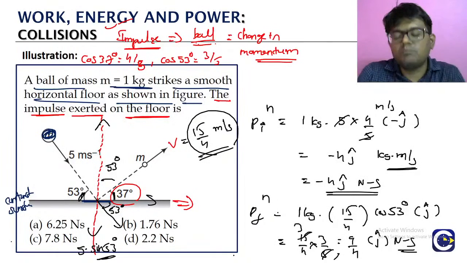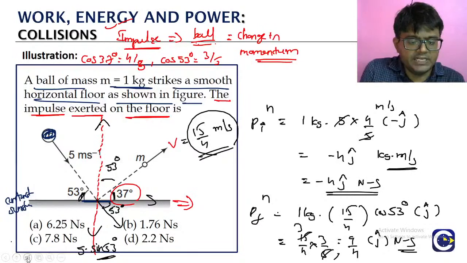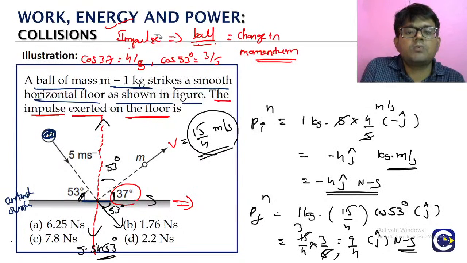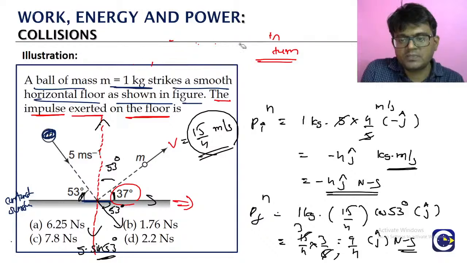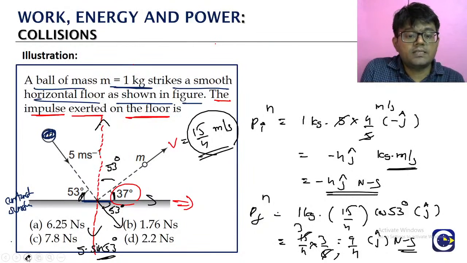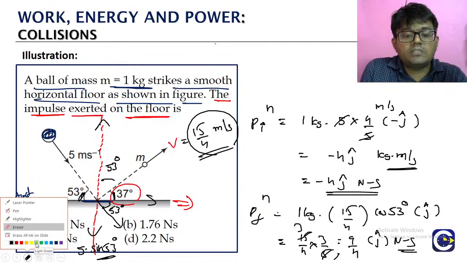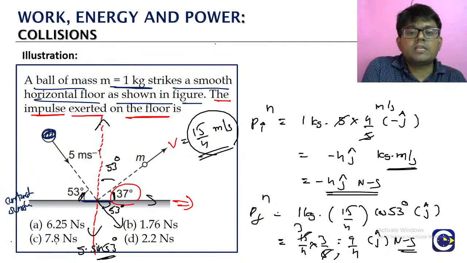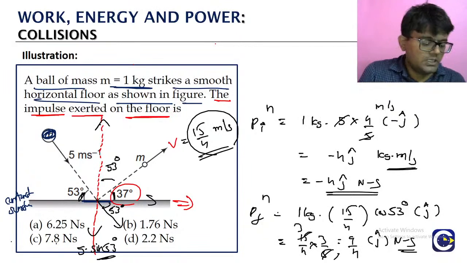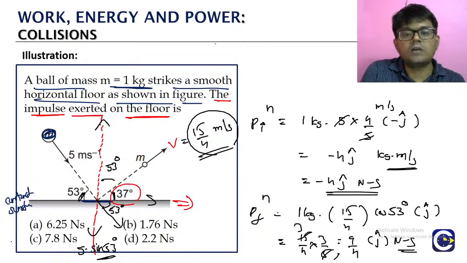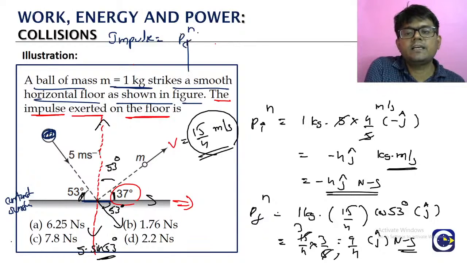Now change in the momentum means what? Final minus initial, right? Impulse acting on a body will be equal to change in momentum for the body. Because here we are looking at only change in momentum along the normal line. Why? Because along the contact surface there will be no change in momentum for the ball. So the impulse acting on the ball will be equal to the change in momentum for the ball along the normal direction, means final value minus initial.